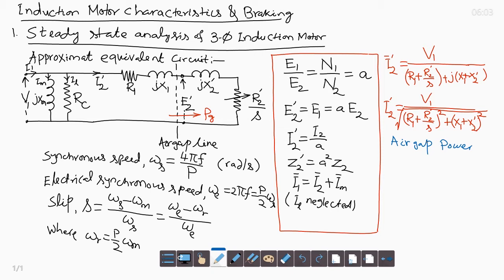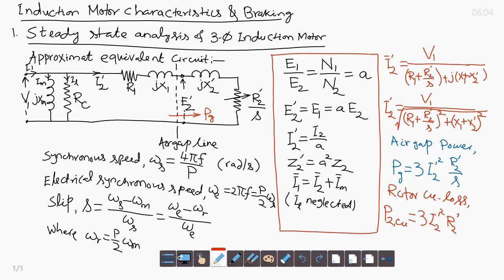So, power Pg is the power in the rotor resistance R2 dash by S. So, air gap power Pg equals 3, for 3 phases, into I2 dash square into the resistance R2 dash by S. And further, the rotor copper loss, we can write as P2Cu, that is 3 into I2 dash square into R2 dash, because R2 dash is the actual resistance of the winding and the current is I2 dash. And from the above equation you can see this is S, the slip, times the air gap power Pg.